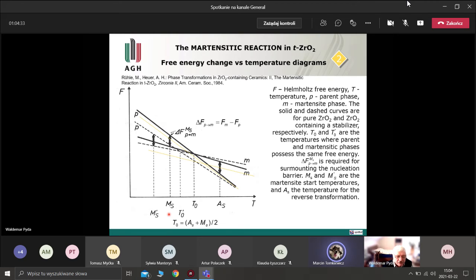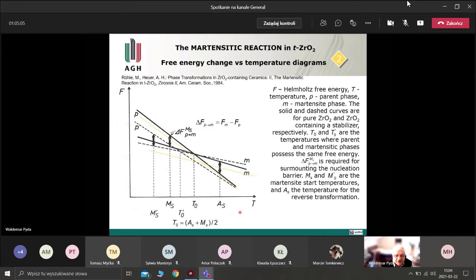And AS is the temperature for the reverse transformation, and that means that we have to overcool or overheat. And now I see that maybe the question was wrong. You cannot overheat or overcool.